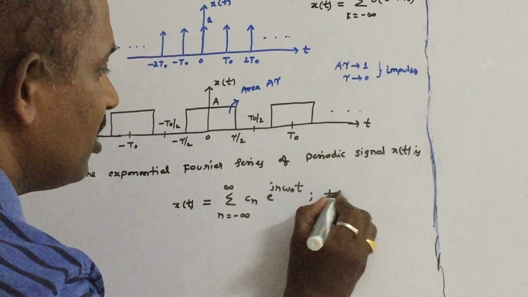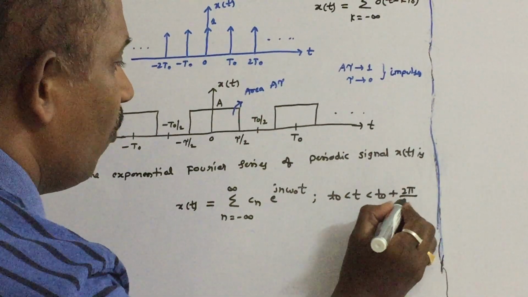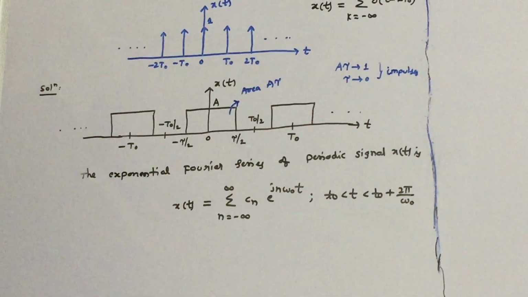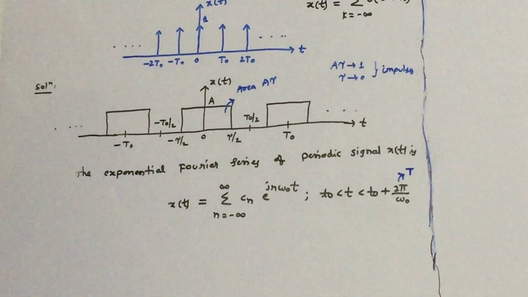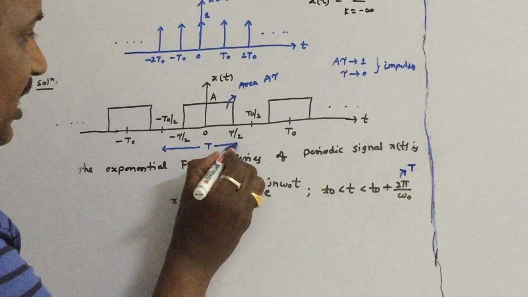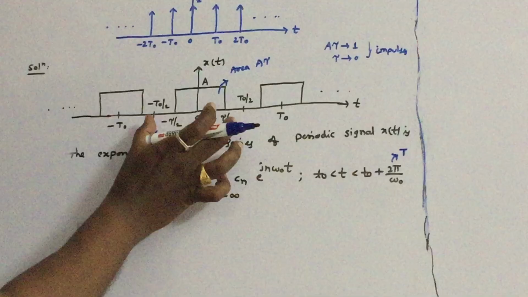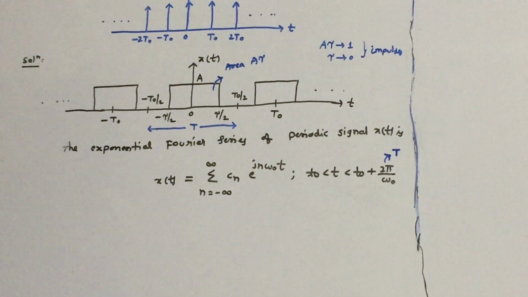What is the interval? t0 less than t less than t0 plus 2 pi by omega 0. That is one cycle we consider, so this is also treated as one time period. Take minus t0 by 2 to t0 by 2, that will become t0. So the impulse time period is also t0.